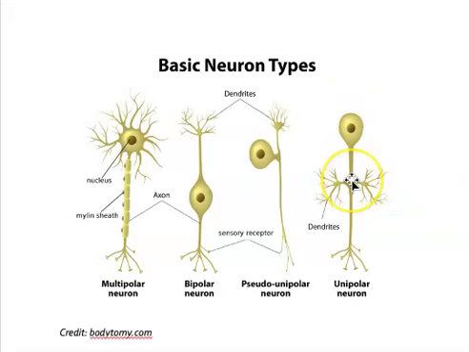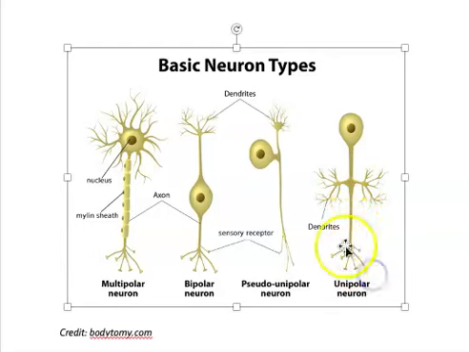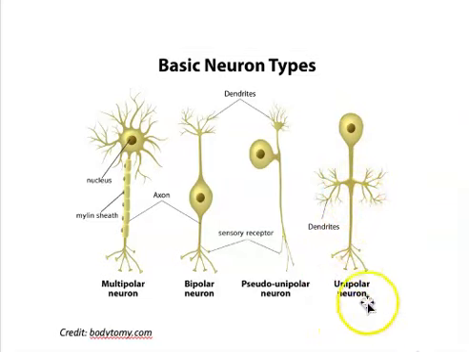From the single extension, we'll see a branching event right here that creates the dendrites. And then from the dendrites, there'll be a single branch emerging that becomes the terminal branches of the axon. So again, a single membrane extension, that's why we call it unipolar. And that single extension first branches into dendrites, and then creates the axon and terminal branches.